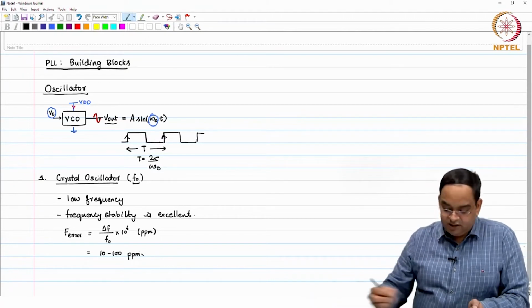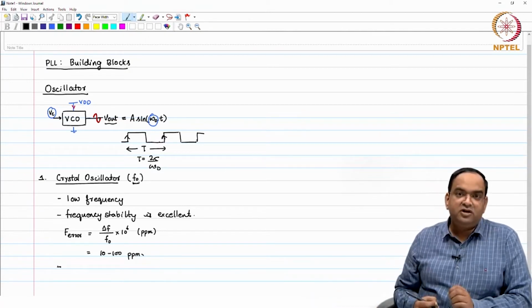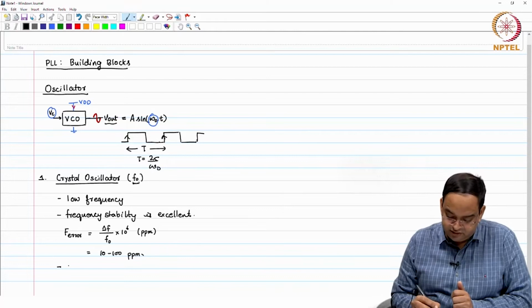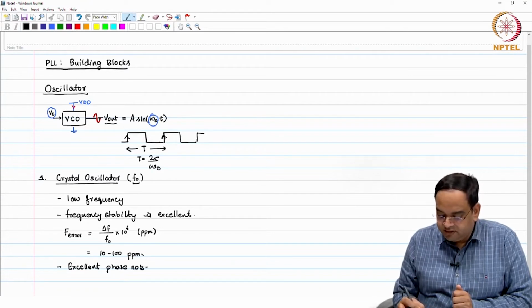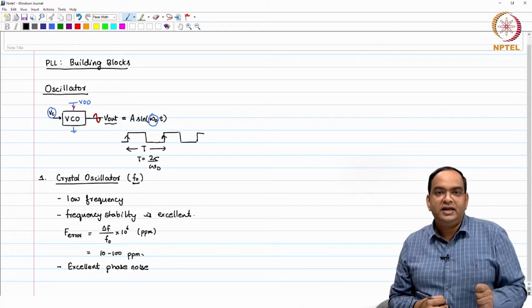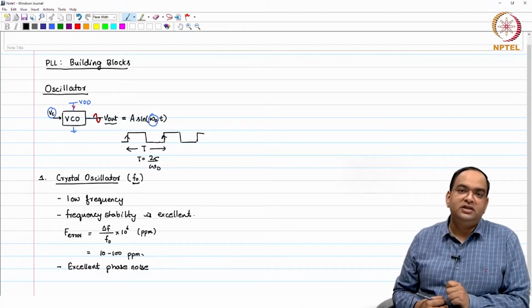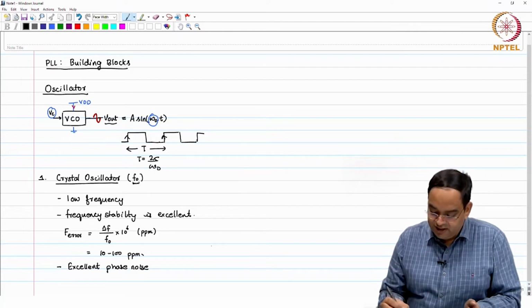Then the other important metric for the oscillator is phase noise. The crystal oscillator comes with excellent phase noise. What is phase noise? It means that if you use the oscillator standalone as a clock, the jitter is going to be very low, or the phase noise is very small.